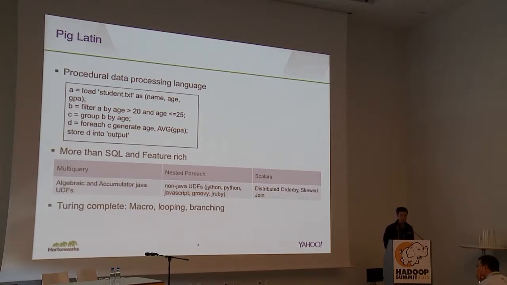It has features which SQL doesn't have, such as multi-query, nested foreach, scalar, algebraic and accumulator UDF, and non-Java UDF, and distributed order by and skewed join. Pig is also Turing complete, which means you can write macros, and you can also embed Pig into Python script so that you can use the looping and the branching features of Python.